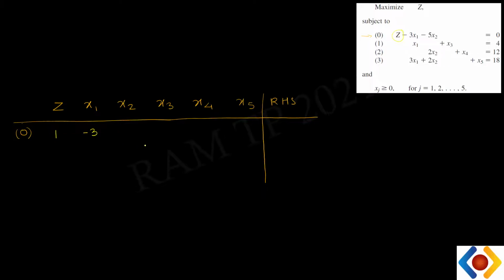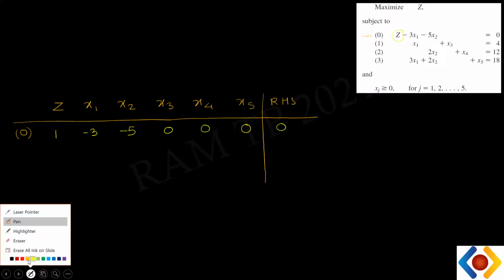What is the coefficient of x2? Minus 5. What is the coefficient of x3? 0, since x3 is not present in the zeroth equation. Can I also say x4 is 0, and x5 is 0? What is the right hand side? 0. Very good.